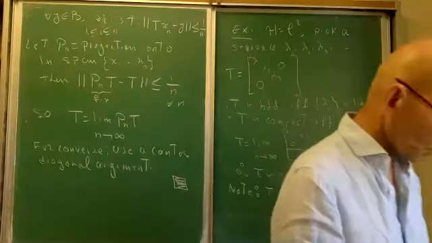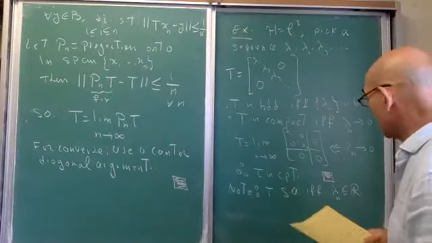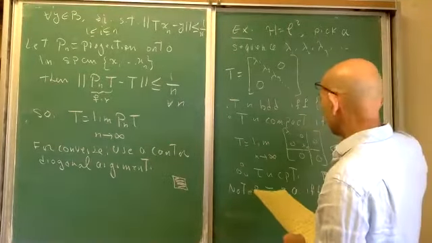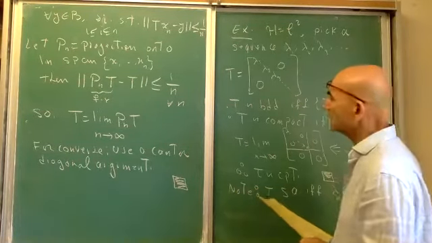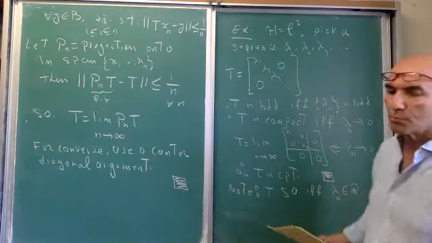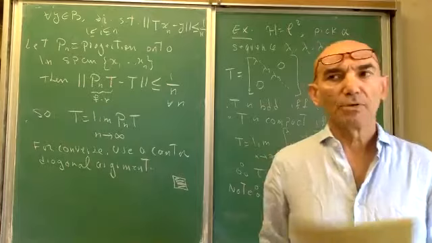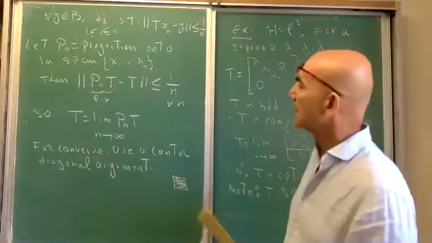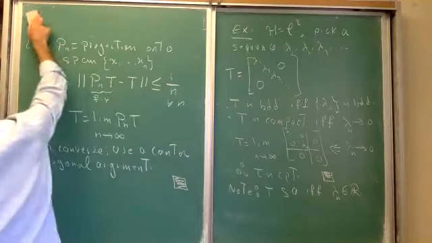Now, there was this question about the set of compact operators being closed or not. In fact, the lemma that I proved, that compact operators are limits of finite rank operators, has a lot of consequences.